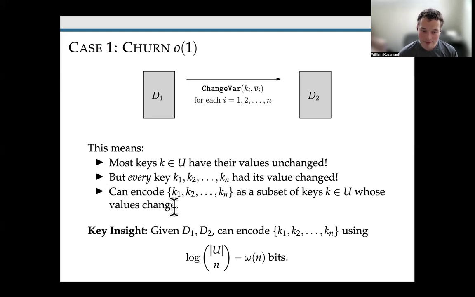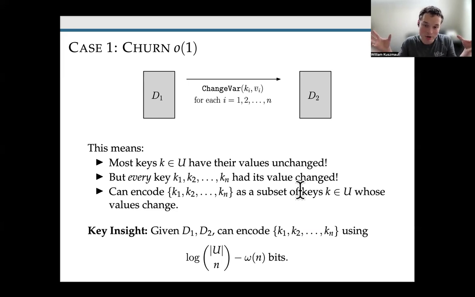And so this is where we have an opportunity to achieve impossibly good compression. What we can do is encode the key set, K1 through Kn, as a subset, not of the entire universe, but as a subset of this much smaller universe, consisting of the keys whose value changed between D1 and D2.